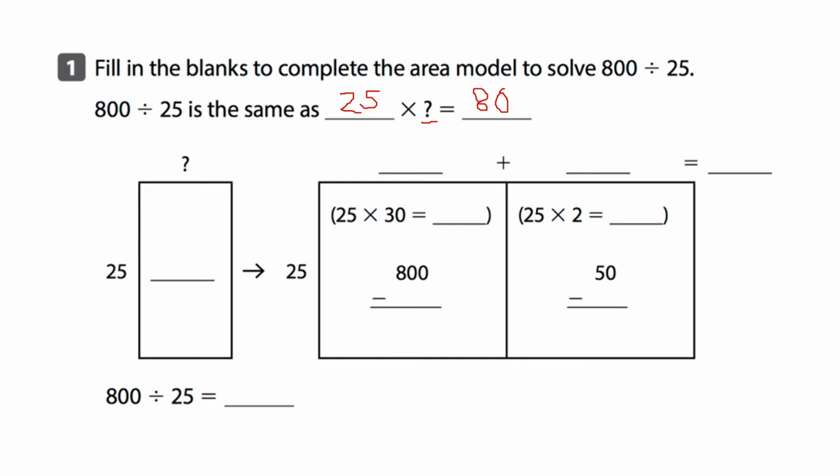That's kind of messy. Equals 800. And similar to long division, the area model is essentially chunking the long division steps.